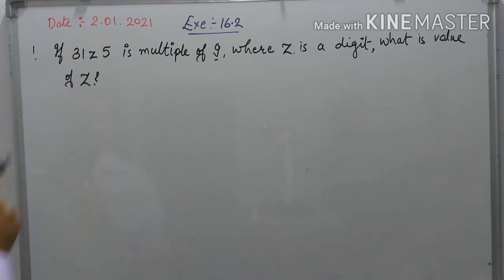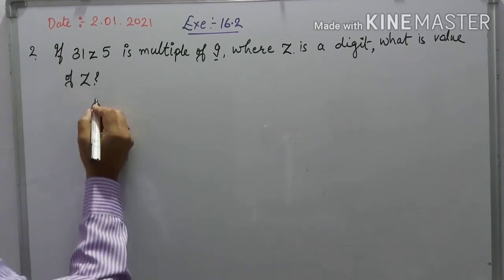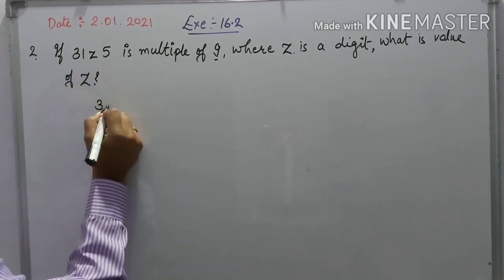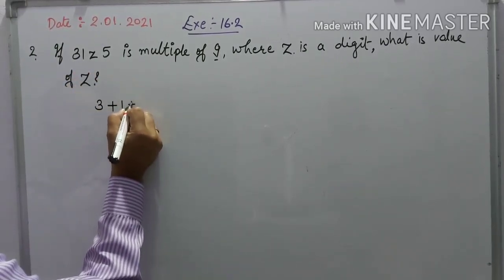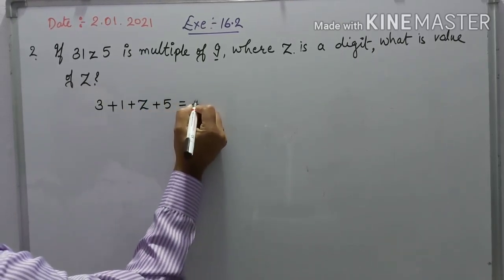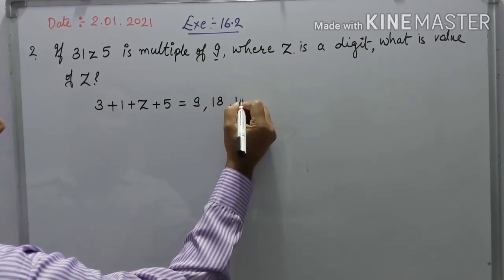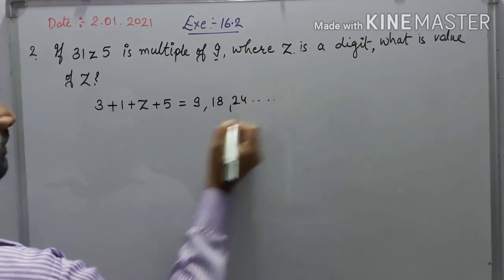Okay, now question number second. Question number second is similar to question number 1. Here we write 3 plus 1 plus z plus 5 is equal to the 9 table, 18, 27 and so on.